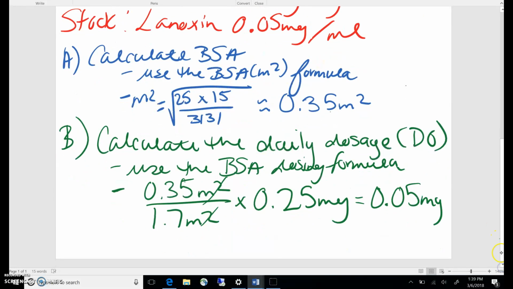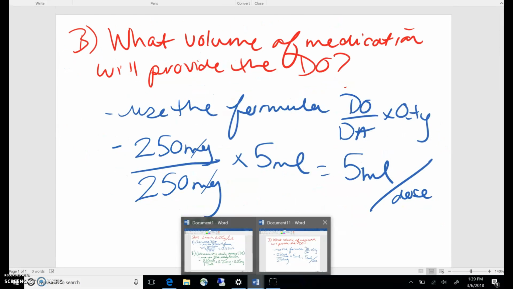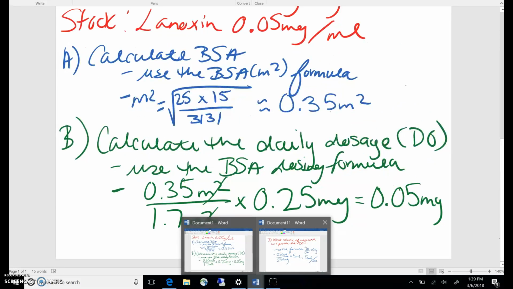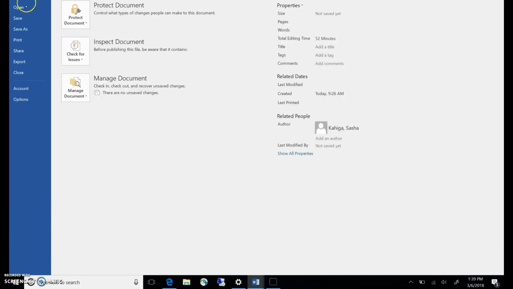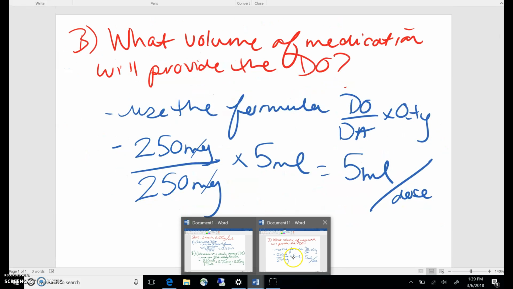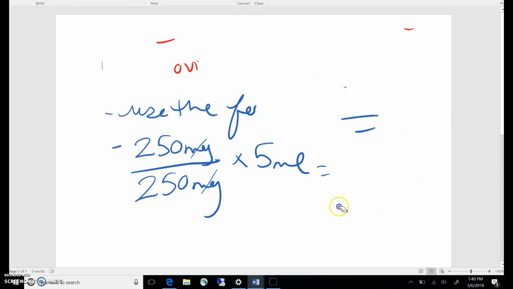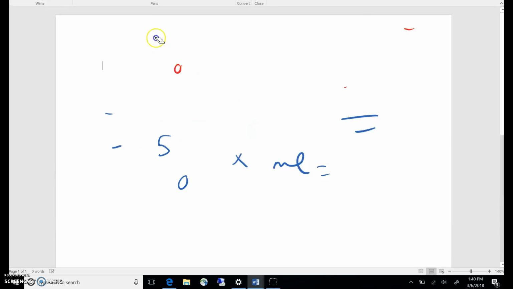I need to make room to answer C. So I am going to use a new document to answer C. So C for number 1 under practice problems D, they're asking you to do what?